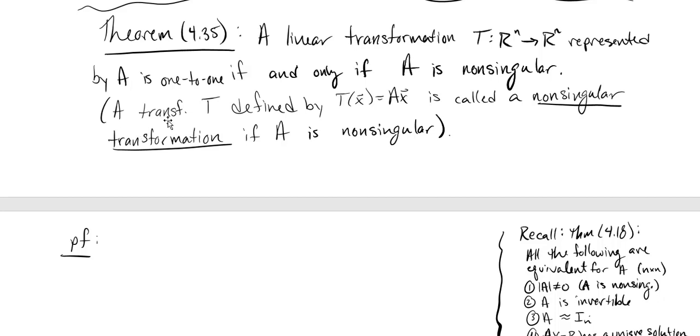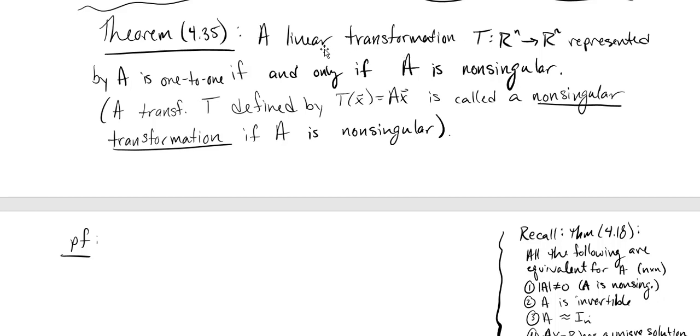A transformation T defined by A times X is called a non-singular transformation if its representative matrix is non-singular. So if A is non-singular, we might just call the transformation itself non-singular.